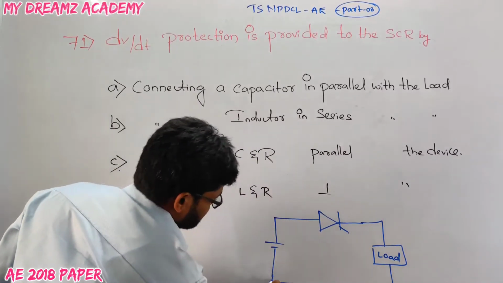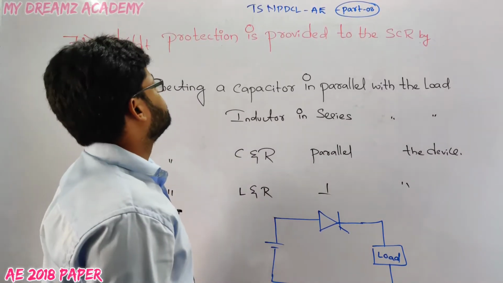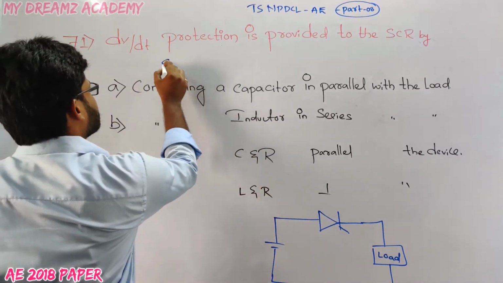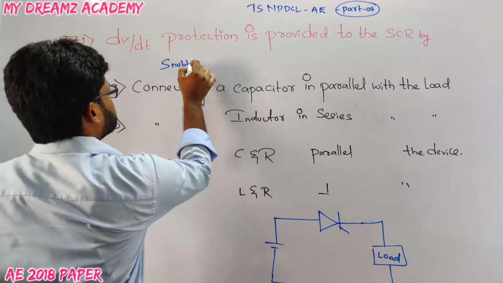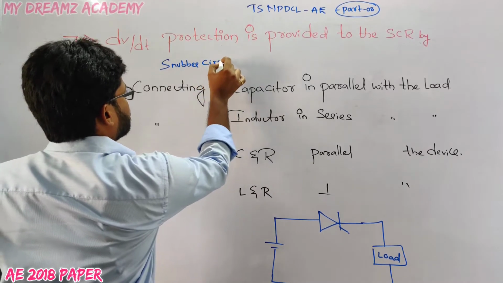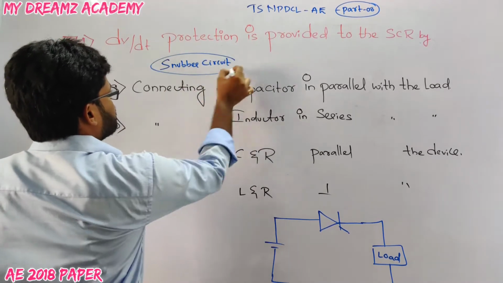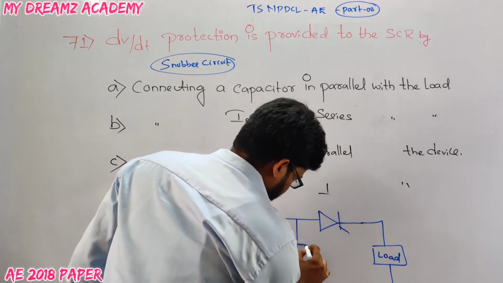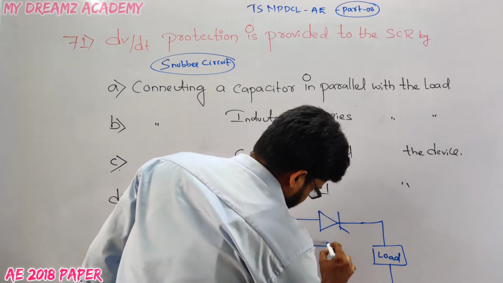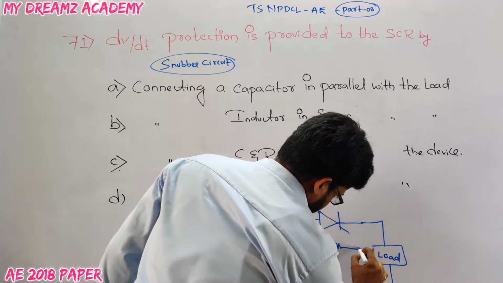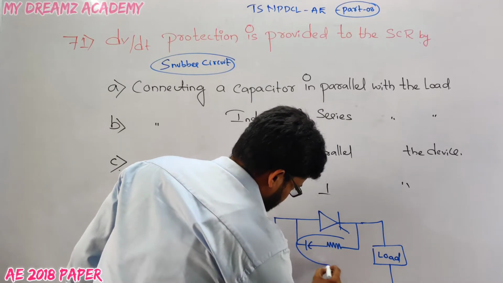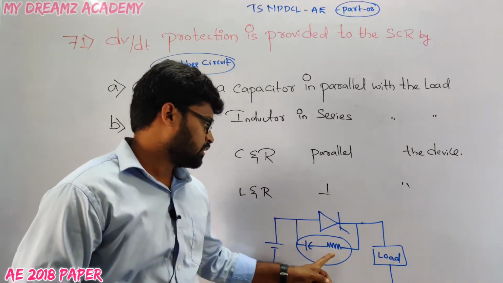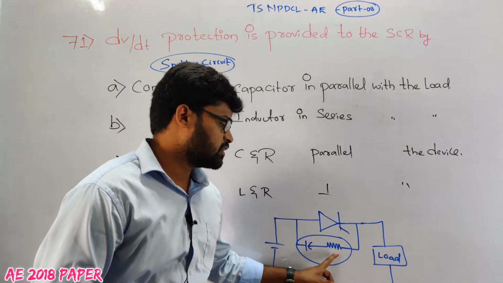We need to protect this one. dV by dt protection is done by using a snubber circuit. We have to connect a snubber circuit here like this. This is RC, resistor and capacitor in series. This is called a snubber circuit.